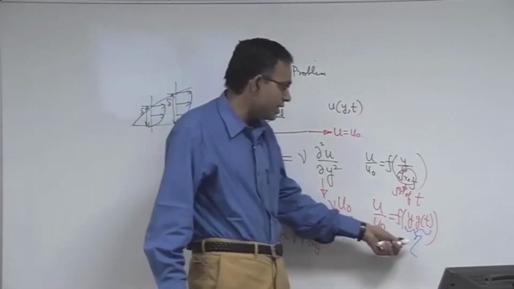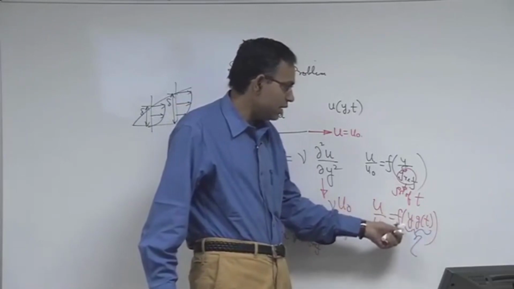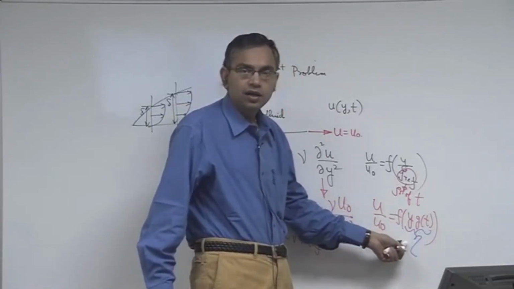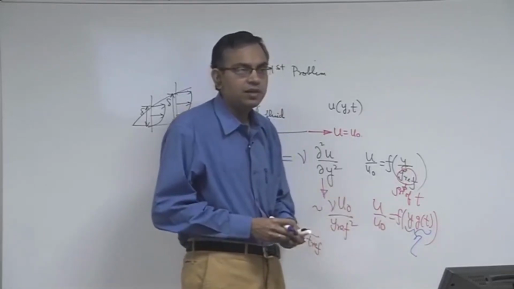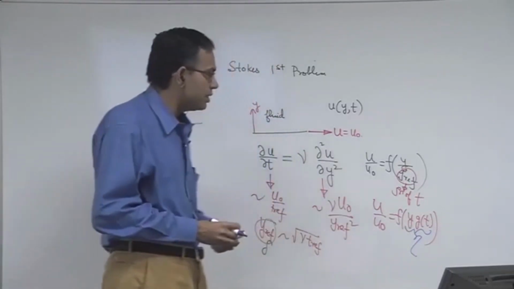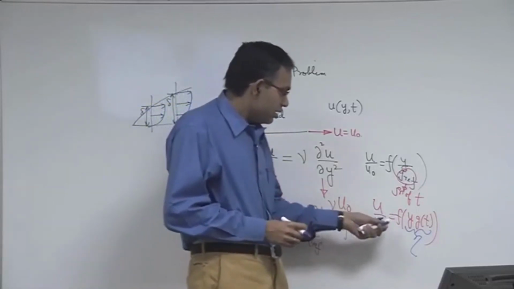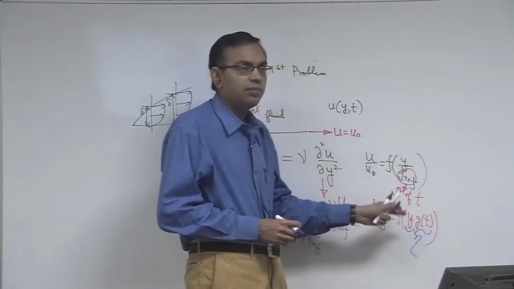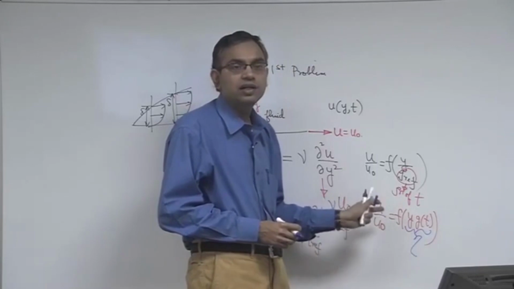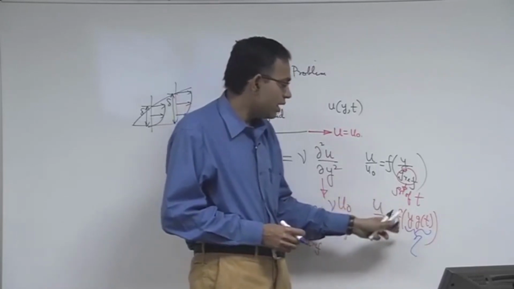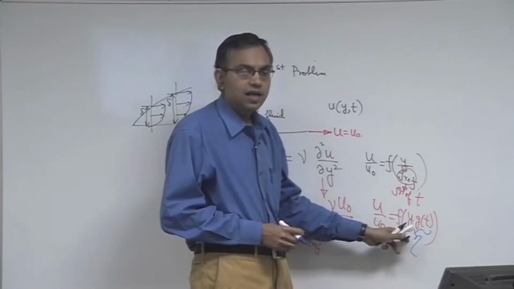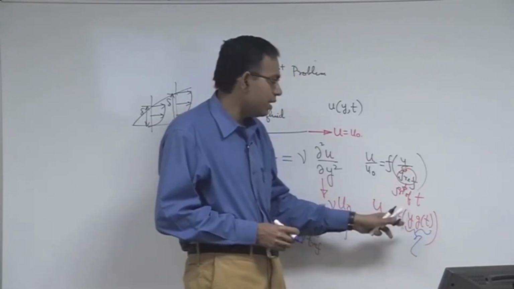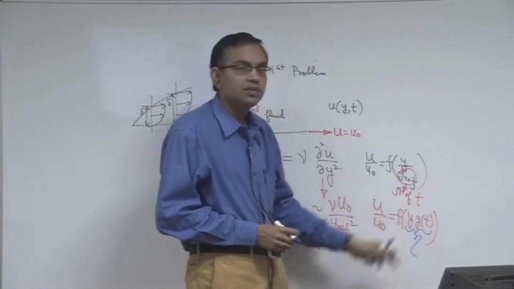Just like the method of separation of variables, the objective of the similarity transformation is to convert the partial differential equation into an ordinary differential equation, because if we are able to express this as a function of eta as a single variable, then u by u0 will be a function of a single variable only.